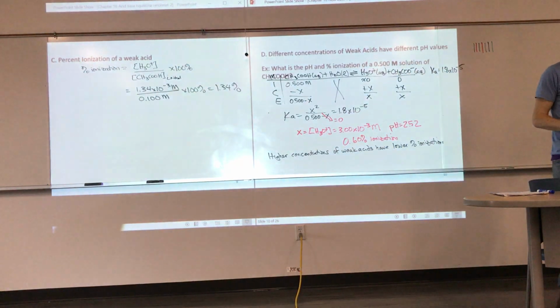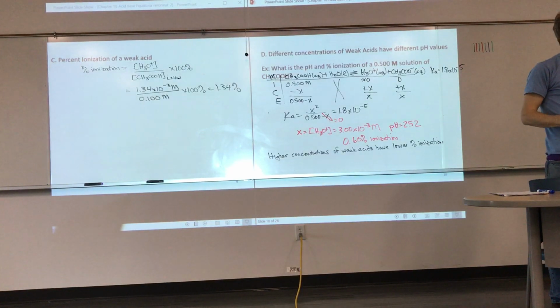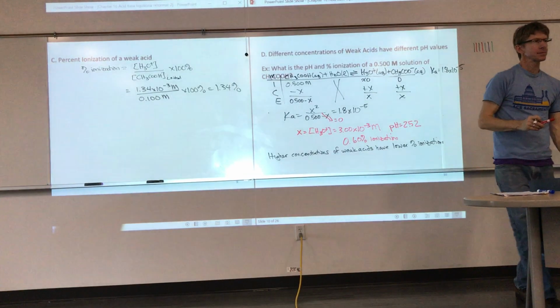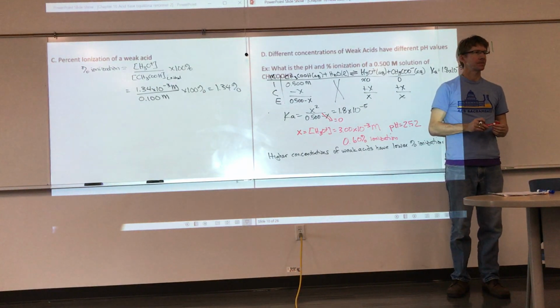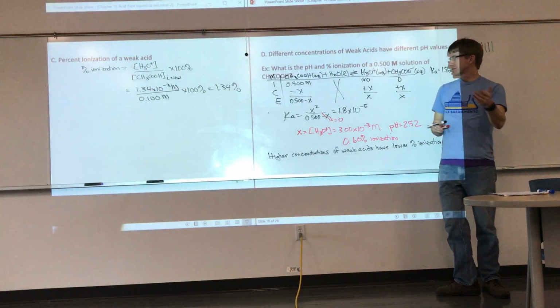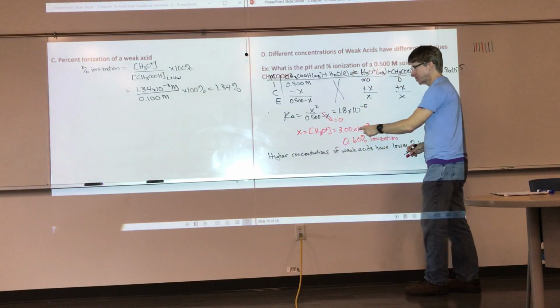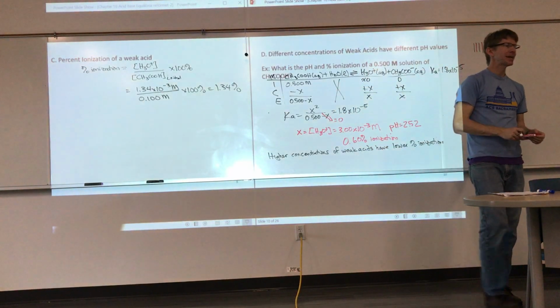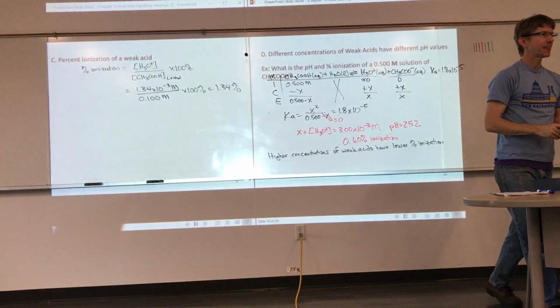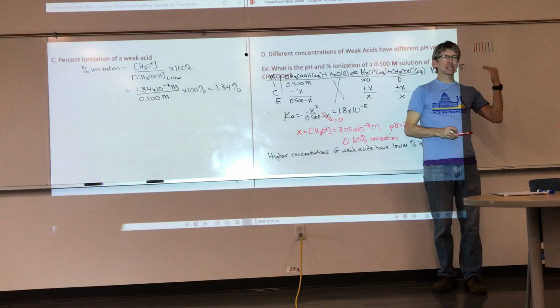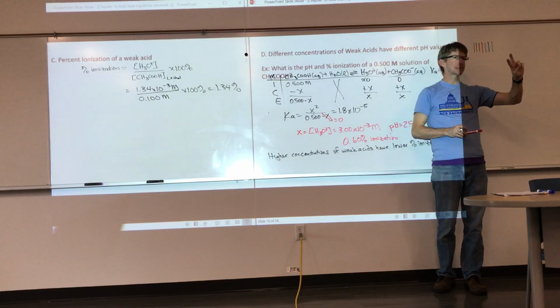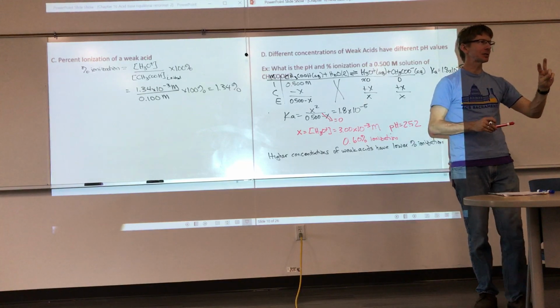Question, Marissa? So you can determine the pH from the Ka value. Can we determine the Ka value from the pH? Good question. The answer is yes. Remember in last lecture I said there were two types of ICE tables.